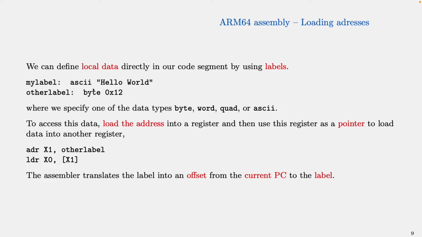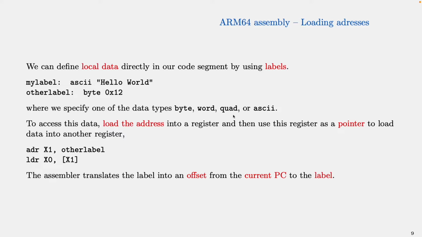So for example, here we use data type ASCII, and we can just write a string as the data, or there are other data types such as byte, where we can give the value of a single byte. We also have word, which would correspond to 4 bytes, and quad, which corresponds to 8 bytes. Yes, it's a bit confusing. You would expect quad to be 4 bytes, but whatever, that's the way it is.